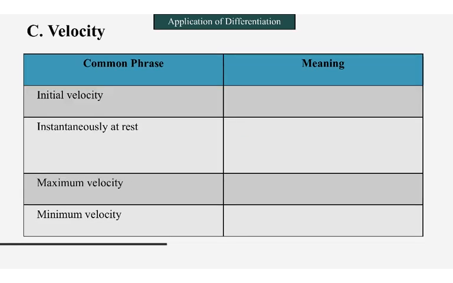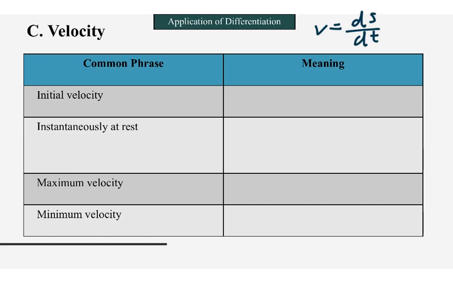Now we are looking at velocity. Velocity is actually obtained by differentiating the equation of displacement with respect to time. We will look at some common phrases in velocity. Firstly, initial velocity.